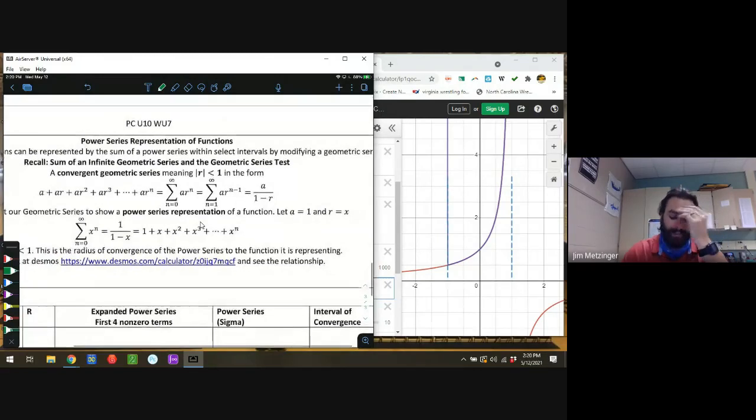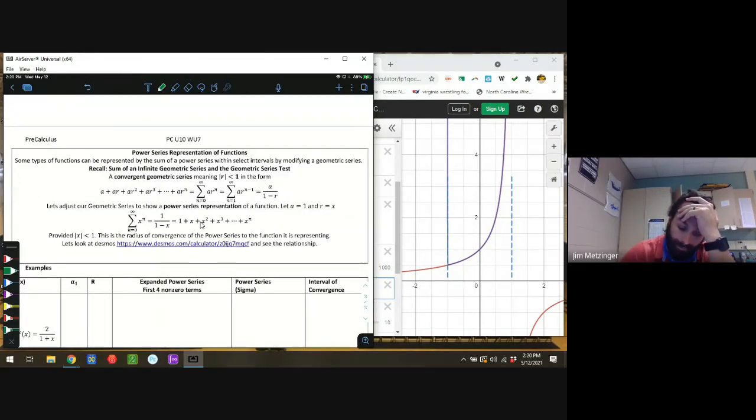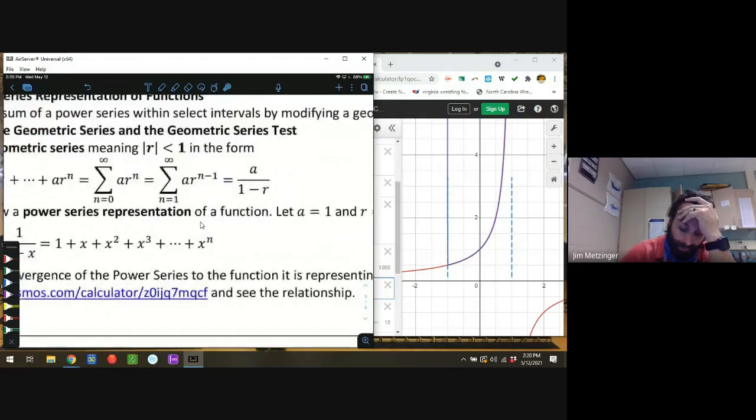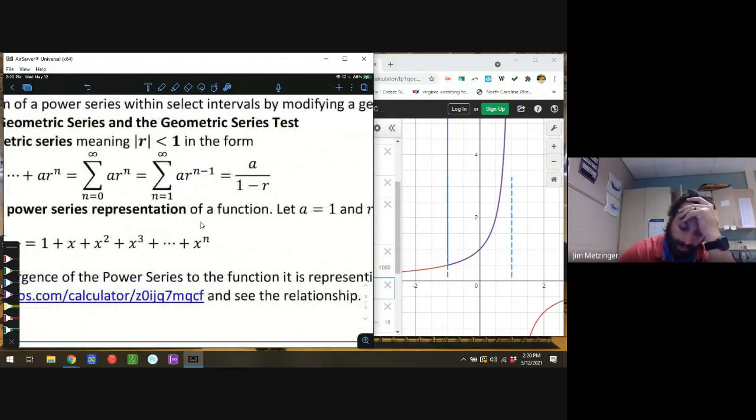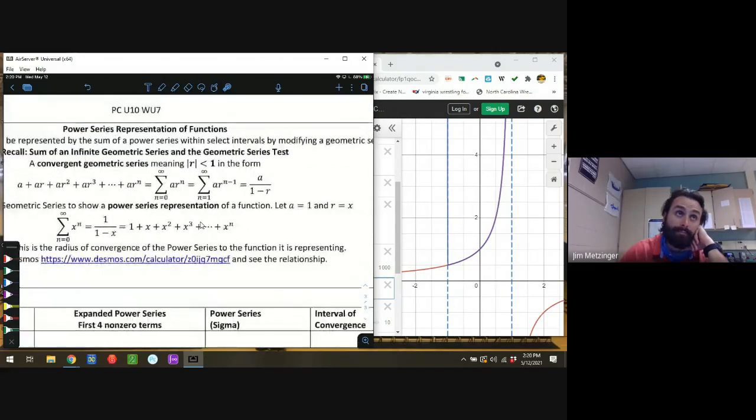So basically, a power series is when we're looking at, if you remember, the geometric series test, the summation of anything that can be written as a geometric series, some number times r to the n power, we could determine the sum, which came out to be the first term over 1 minus r. What the power series does, it kind of works backwards a little bit.